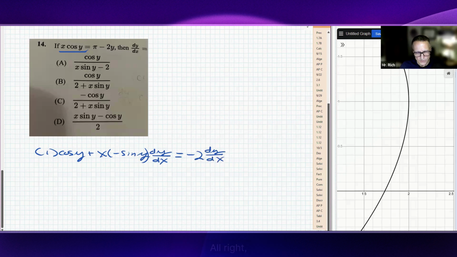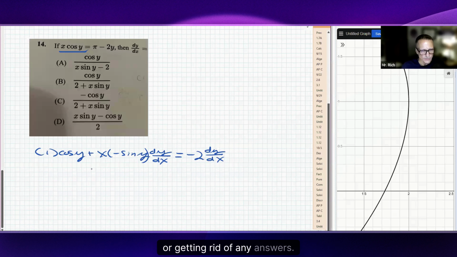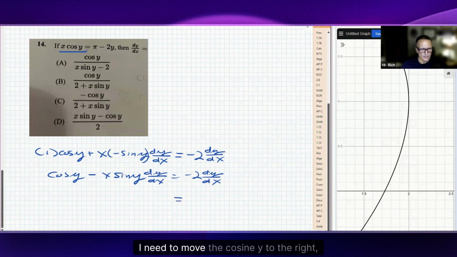All right, so my strategy is going to be similar here. I'm going to clean this up and solve this before I really start liking or getting rid of any answers. This will be cosine y minus x sine y times dy dx equals negative 2 dy dx. I need to move the cosine y to the right, making it a negative cosine y.